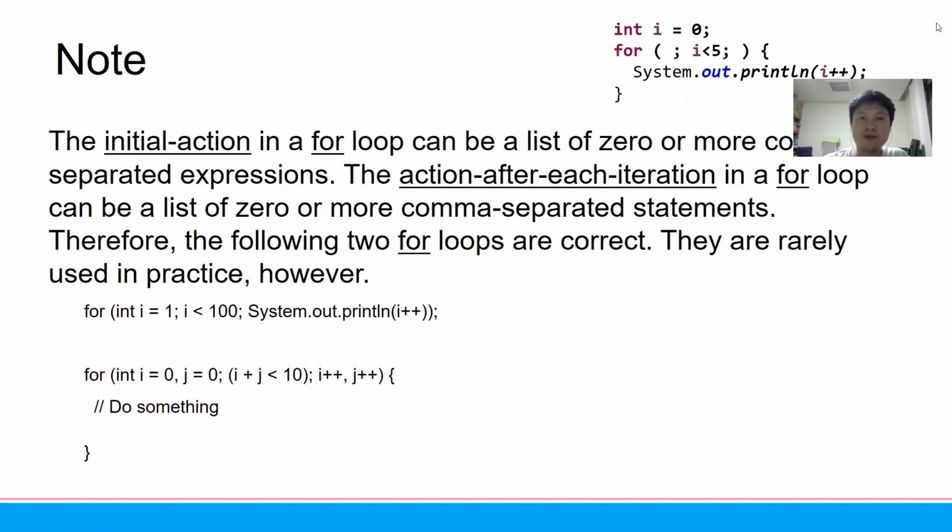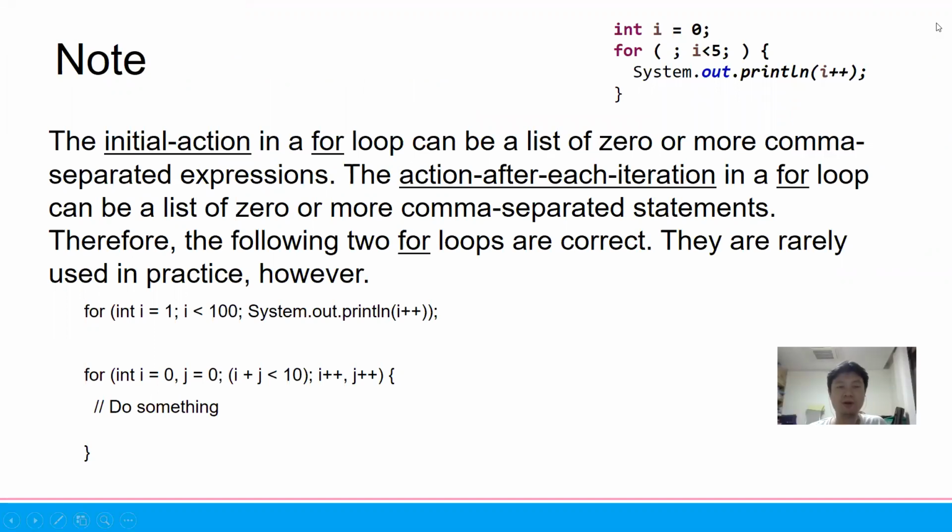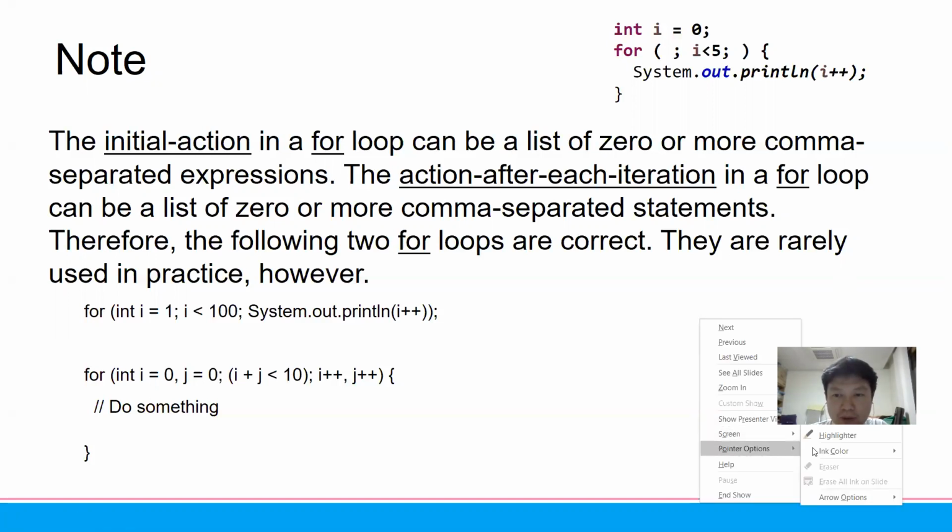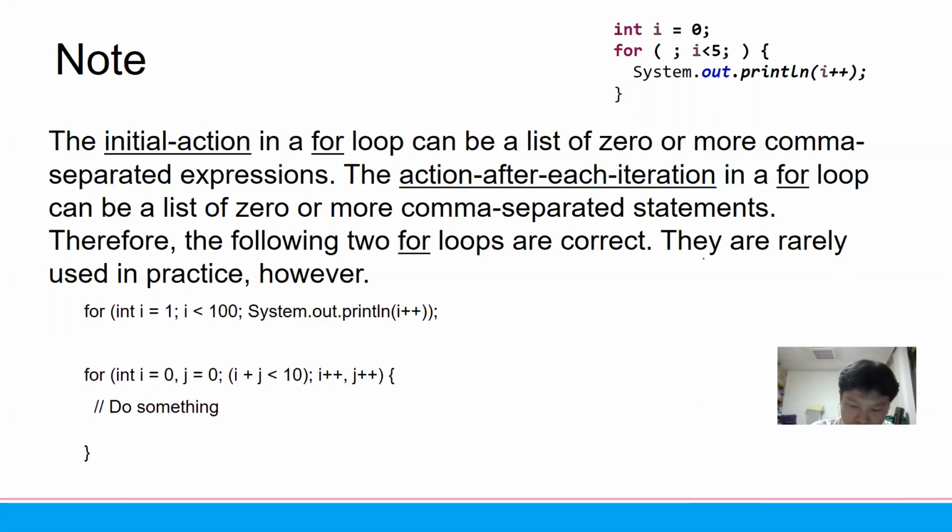Now, in some other ways, you can deal with variations. Okay. So the initial action in a for loop can be a list of 0. It means if you have the initial value, you don't need to put it into the for loop. Okay, like this one.